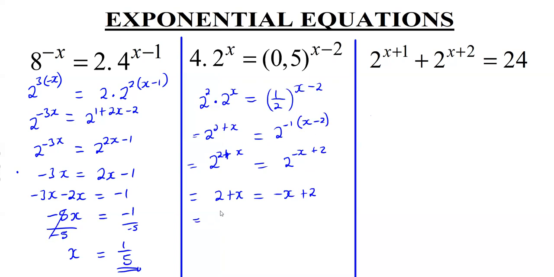Now, in this case here, did we make any mistake? I think everything is going well here. Now, we take the x to that side, it's going to be x plus x, which is 2x. Then this side is going to be 2 minus 2, so 2x is equal to 0.